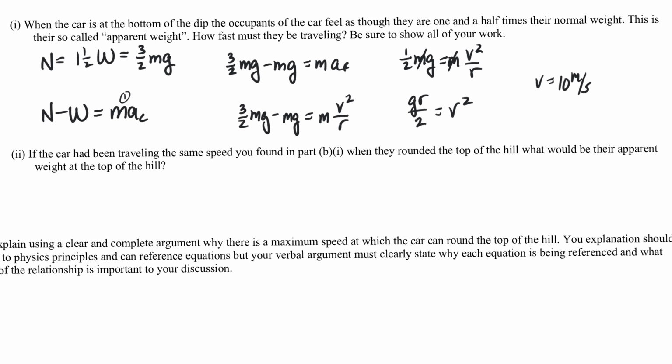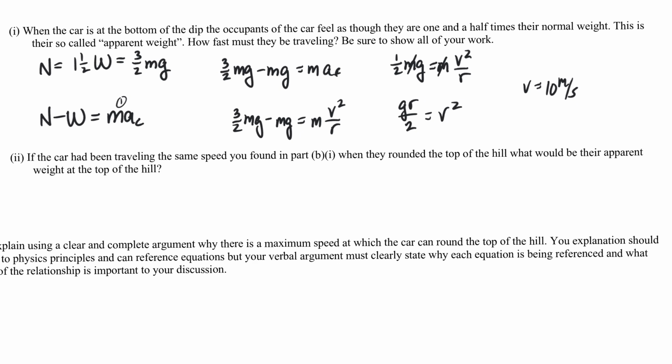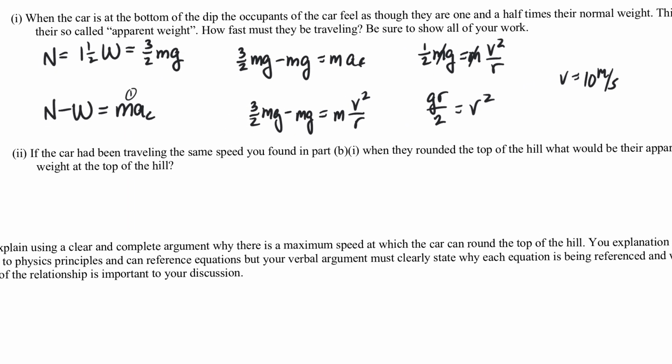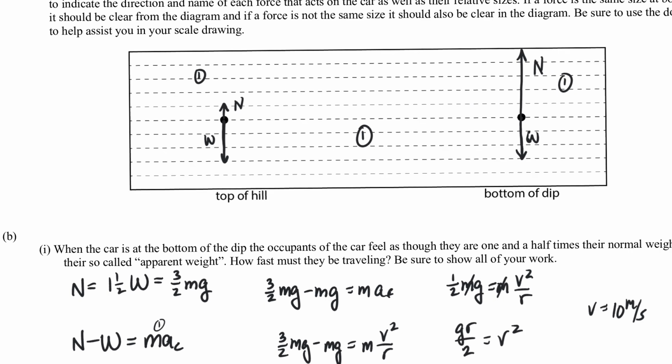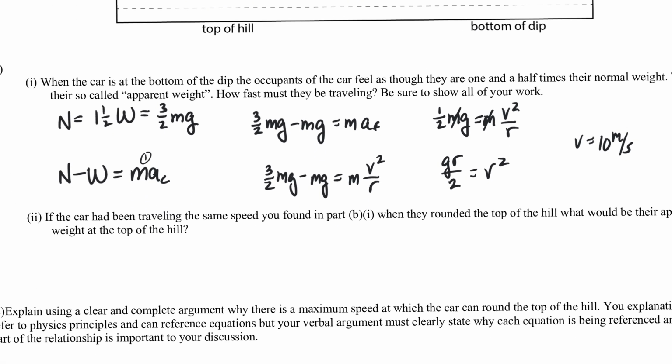If the car had been traveling the same speed you found in part B number 1 when they rounded the top of the hill, what would be their apparent weight at the top of the hill? All right, well, top of the hill, net force is downwards, so I'm going to have weight minus normal equals MA.